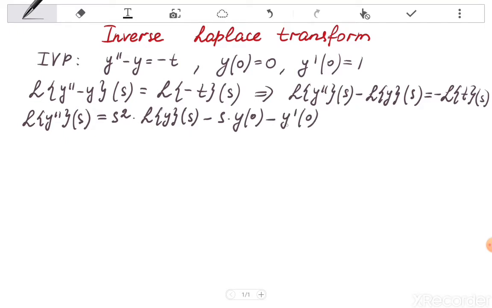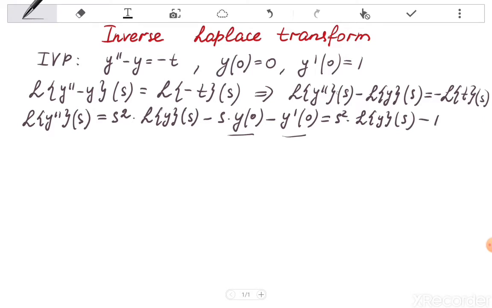These two are given, right? These are initial values. We can write this as s squared times Laplace transform of y at s. y of 0 is 0. y prime of 0 is 1. So we got minus 1.